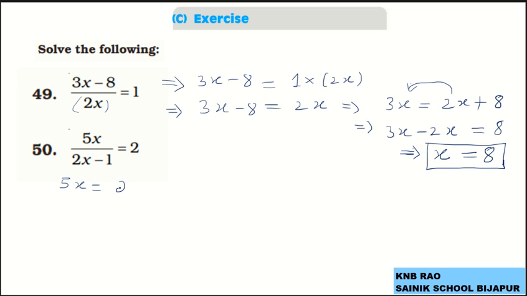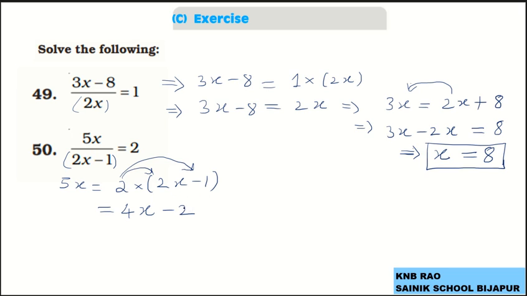5x equals 2 times, and I am transposing the denominator here. Since the denominator is a binomial, I am taking it within braces, that is parentheses, and this 2 multiplies this binomial with the help of the distributive property. 2 into 2x gives you 4x, 2 into minus 1 gives you minus 2, which we call distribution of 2 over the difference.